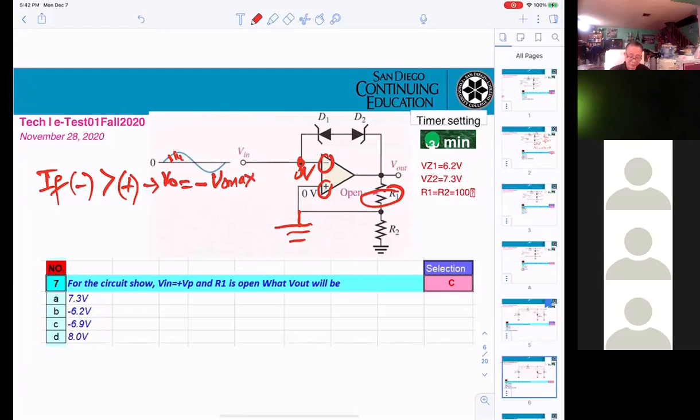Whatever V maximum. Okay? So now if you apply positive, the negative has to be higher than positive. So the V out here will go to V out maximum. Okay? For example, you can get up to 15 volt. For example.